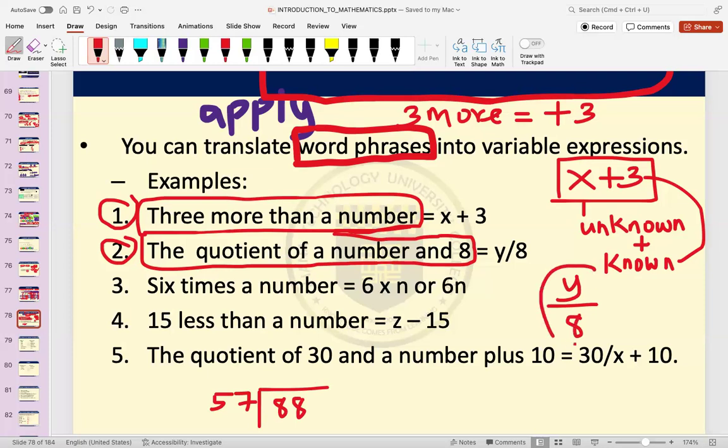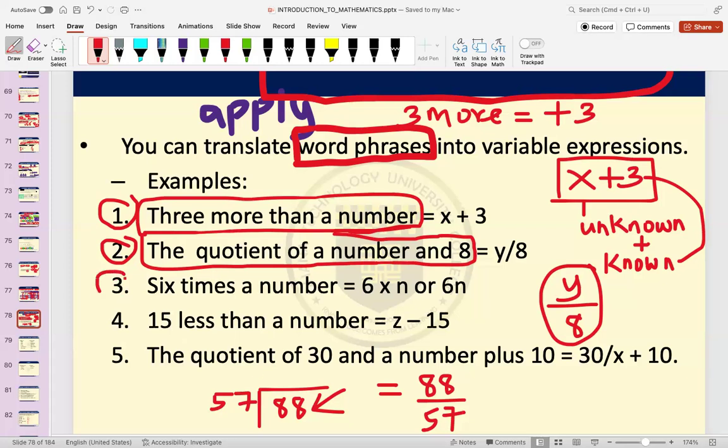And we use this one to represent the statement. The quotient in long division, when you are dividing a number and another number, the number you are dividing, which goes inside like the 88, comes first, and then the number, which is the divisor, comes below the sign. So this one, if you remember, originally it was 88 divided by 57. Okay, so that is the second statement.